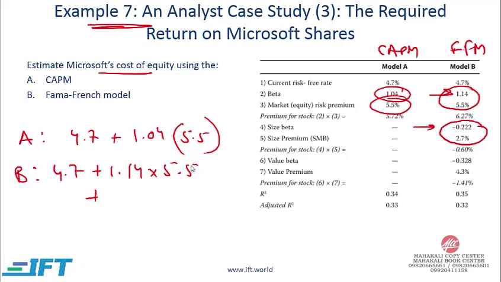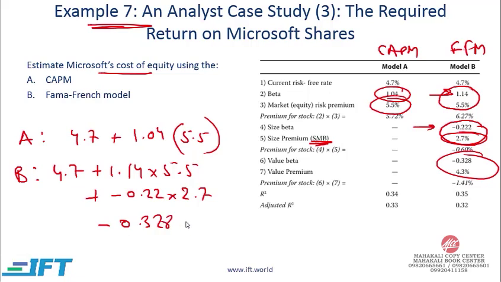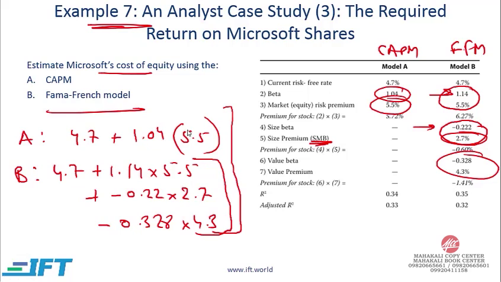So it would be minus 0.22 into the SMB, which is a standard number for the US market, 2.7. And then the value beta, which is minus 0.328, into 4.3. When you do the calculations, you will get the required return for Microsoft using the Fama-French model.